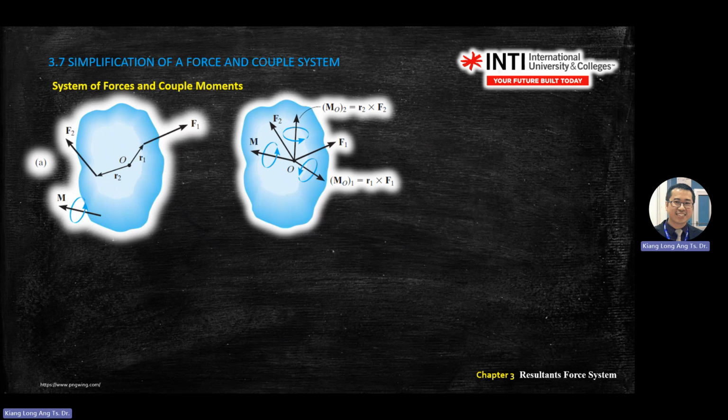So sorry, this one you move your F2 to O location. You move F2 to here. You're creating F2 and MO2. And this one you don't need to generate anything. You just shift this M to the O.